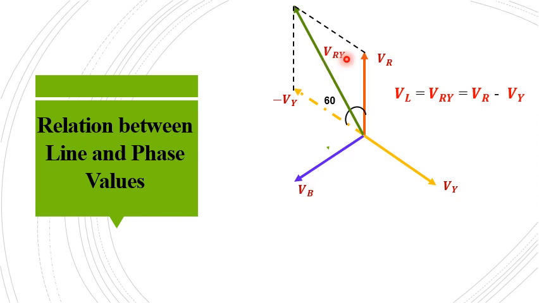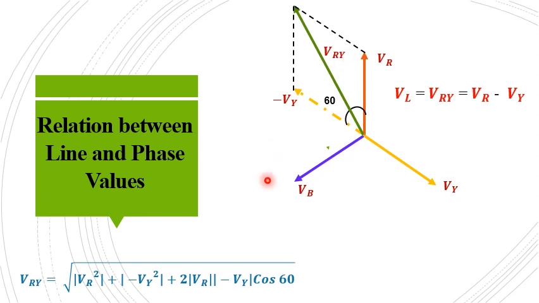Then substituting in the formula, VRY will be equal to root of modulus of VR square plus modulus of minus VY square plus 2 VR VY cos 60 degrees. Here we need the magnitude of the phase voltages. We know that the magnitude of VR is Vph, and VRY is actually your line voltage.